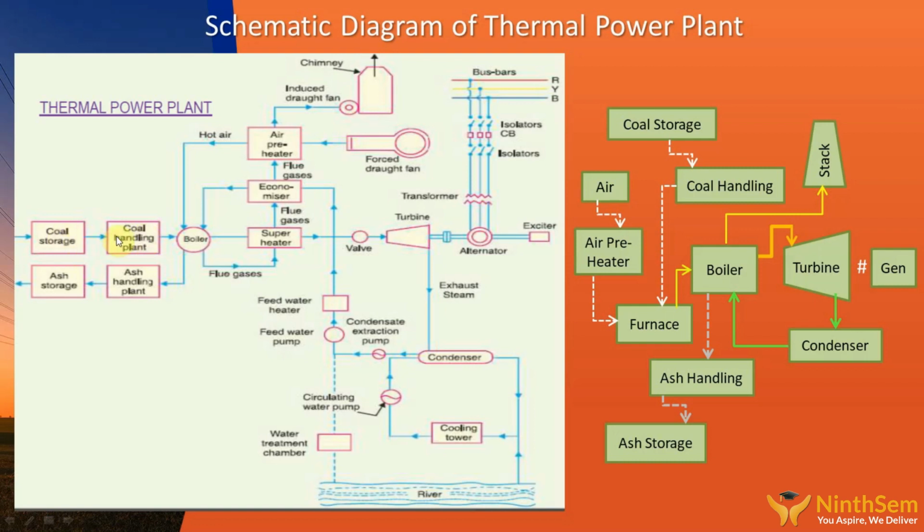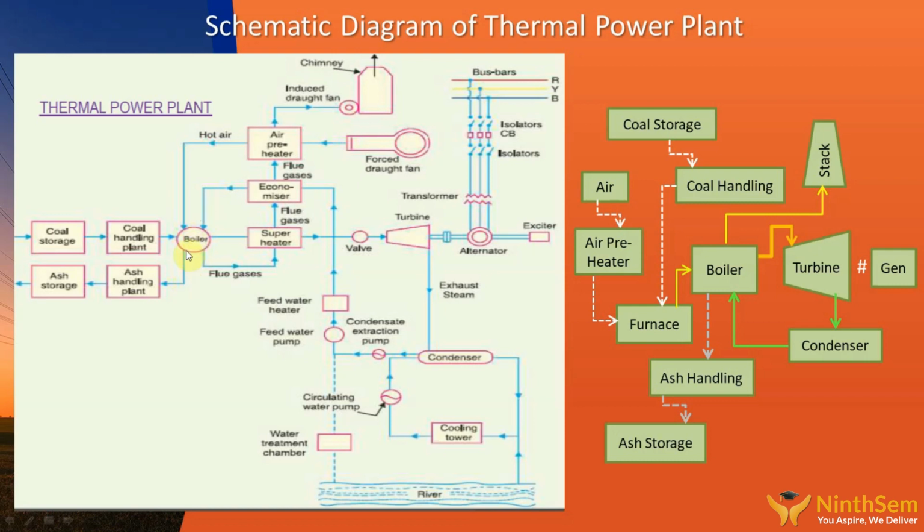The coal is fed from the storage through the conveyor belt and passes to the pulverizer plant, where it becomes powder. This powdered coal is then injected into the furnace of the boiler. Once the coal is burned, the final product is hot flue gases.